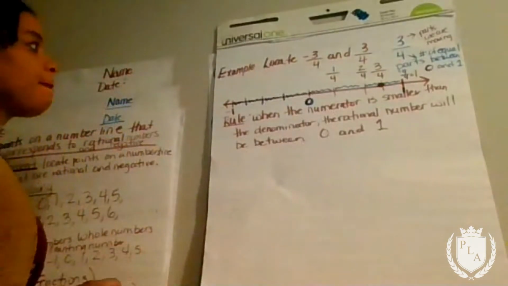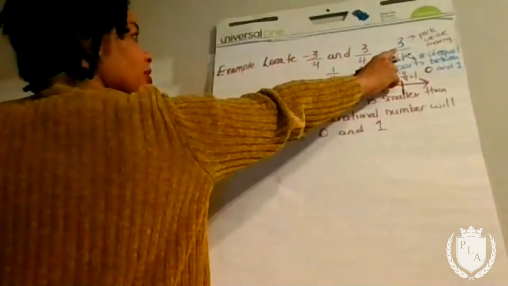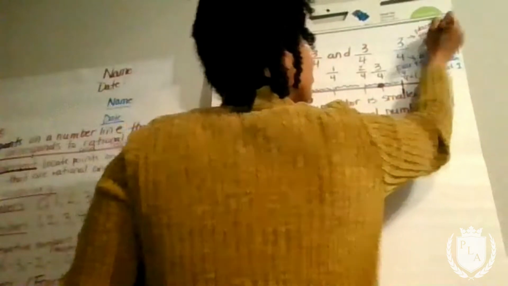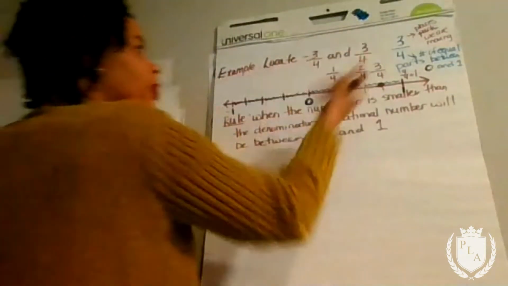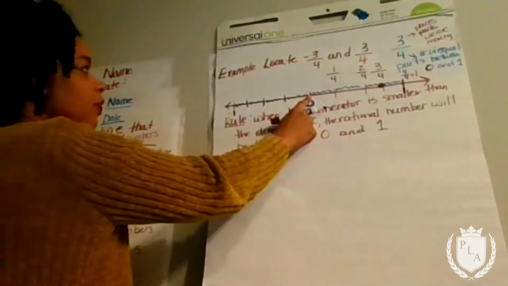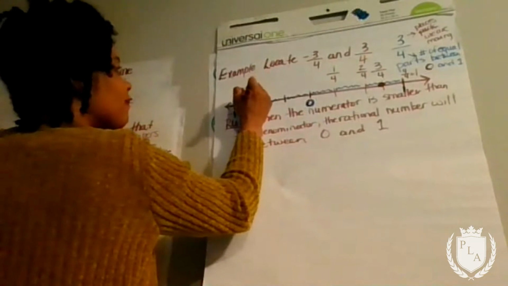So now, looking at this, to get our 3 here, as parts we are moving, or places we are moving, okay? It doesn't matter, parts or places, it's the same. So we start from 0, count 3. 1, 2, 3. And I'm going to put -3/4.